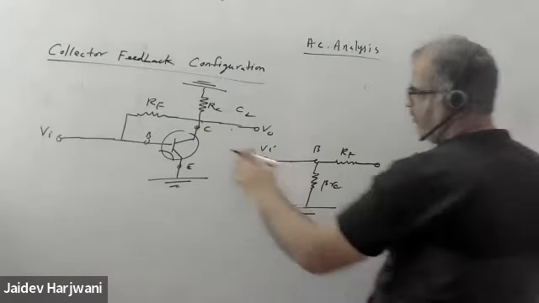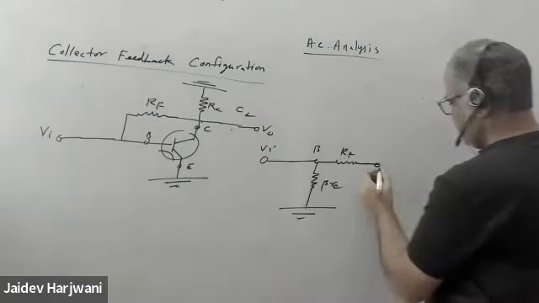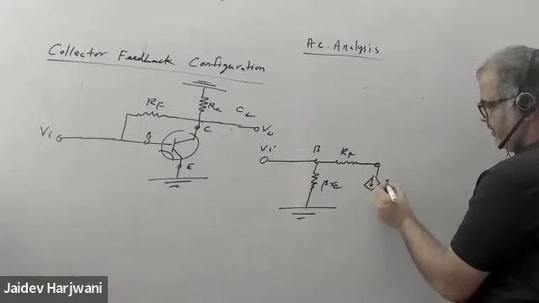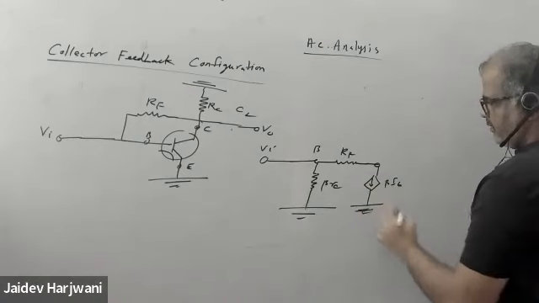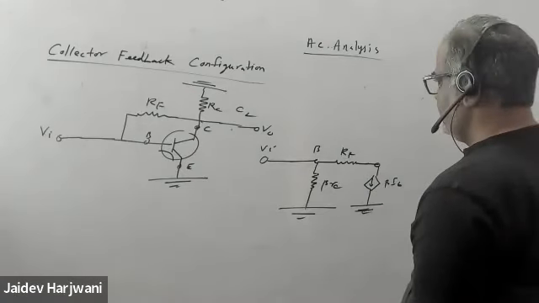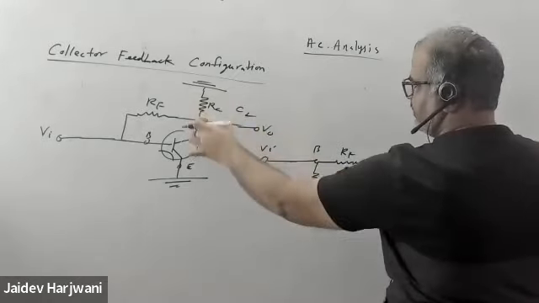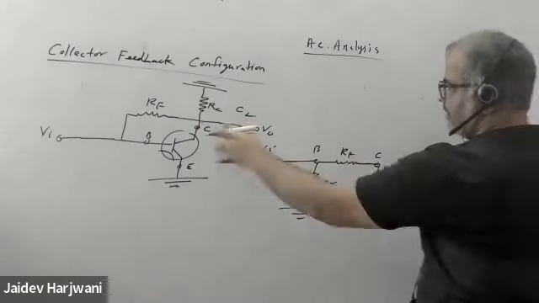Now after the collector you always have the current source, beta IB. And then of course you have RC also. This RC is grounded, connected to the collector. So this is B, this is C, and this RC is connected, and there can be R0 also. I am putting R0 here.